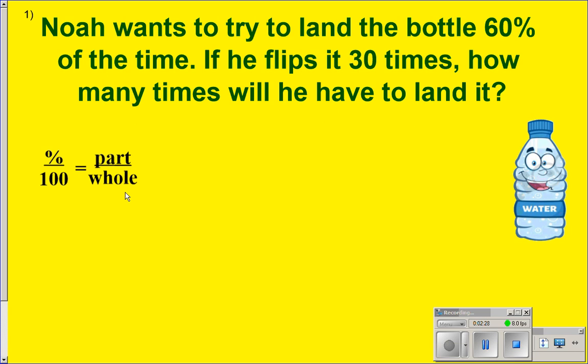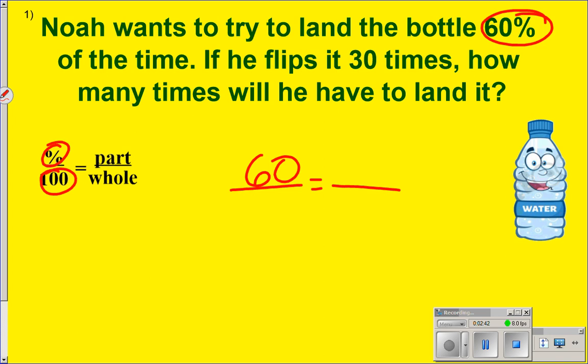So, Dylan wants to try to land the bottle 60% of the time. We know our percent, so up here for the percent part, we're going to put our 60. Below the percent is always 100. Next it says if he flips it 30 times, how many times will he have to land? When you look at the 30 times, you've got to ask yourself, is that the part or is that the whole amount?